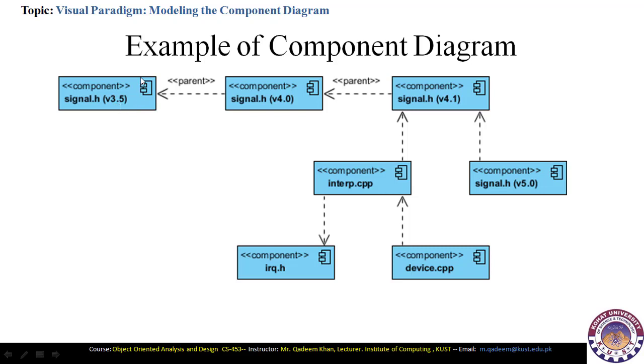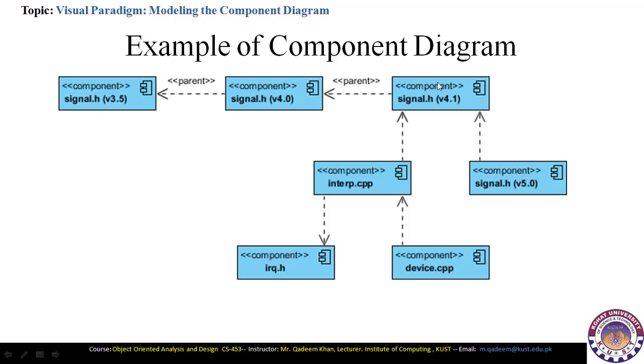So it represents that this is the component, and there is another component, signal.h version 4.0. This is another header file, and the signal.h 3.5 is used here. That means that this file is calling this file.